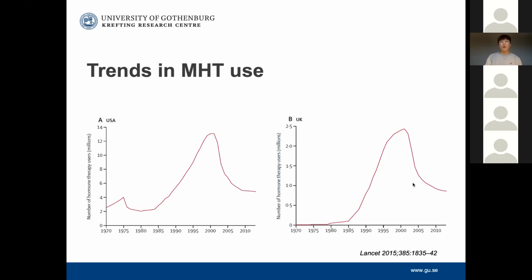For example, MHT was believed to be associated with lower risk of mortality, coronary heart disease, and cardiovascular disease, but MHT was associated with increased risk of stroke. And it also increased the risk of breast cancer.